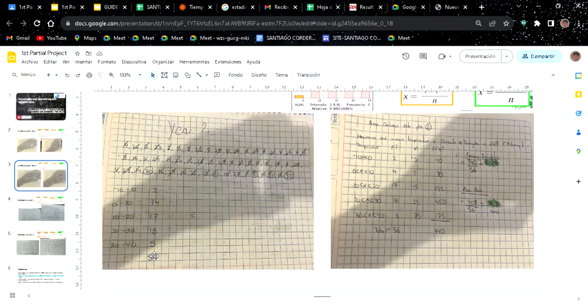in this table. Less 10 to 0, we have just two frequency. 0 to 10 is 40, the same, 70, 80, 17, 18, and 5.